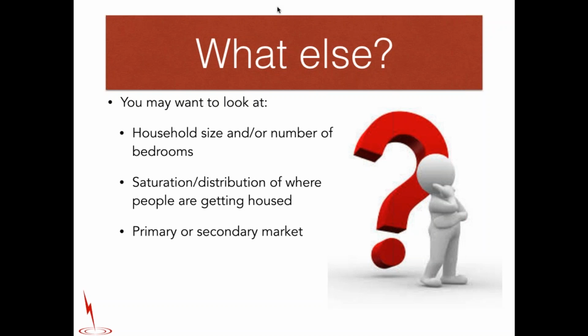You may want to look at whether individuals or families are predominantly moving into the primary or corporate rental market versus those that are more likely to move into the secondary rental market, things like rented rooms or floors of houses, which may or may not be advertised or made available in the same way as your corporate rental units.